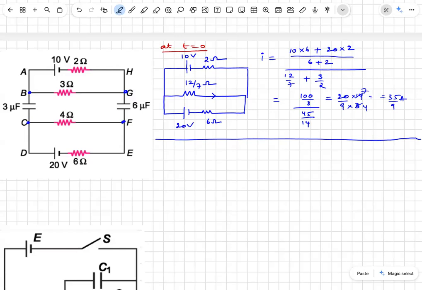How does the above circuit work differently? Forget about the capacitor's path. I am assuming that the current is I1 here, and I2 here. I1 is a very simple task, 10 by 5, 2 amps. I2 is 20 by 10, 2 amps.